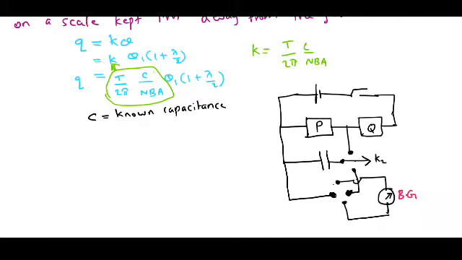This is the experimental arrangement to determine the charge sensitiveness of BG, and this consists of a voltage source E and a key K1. It contains one more key also, that is K2, and this is our capacitor C. Here we have this arrangement, that is, this is the charging point, and this one is the discharging point.